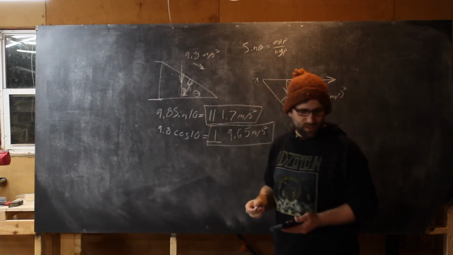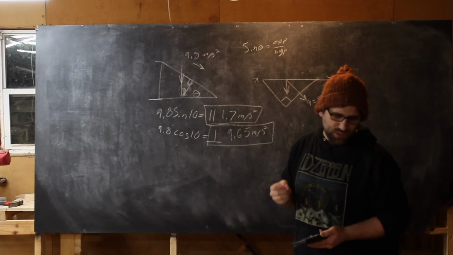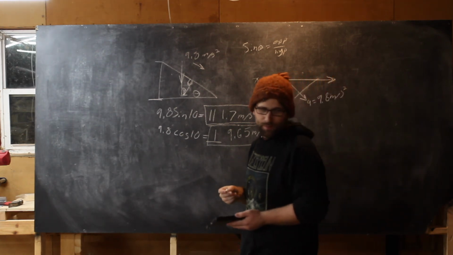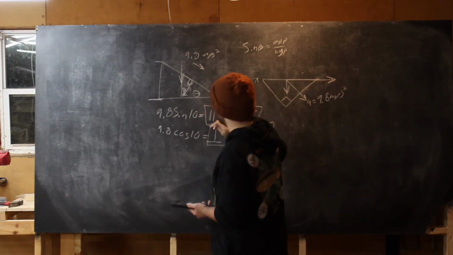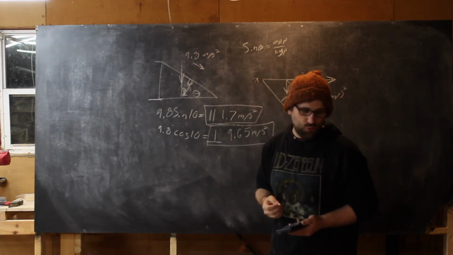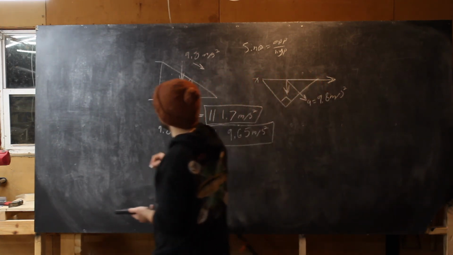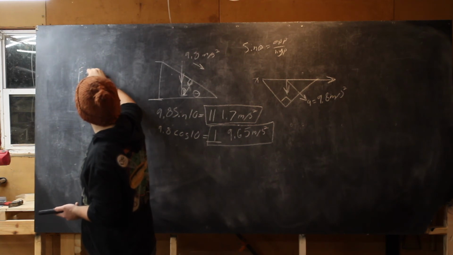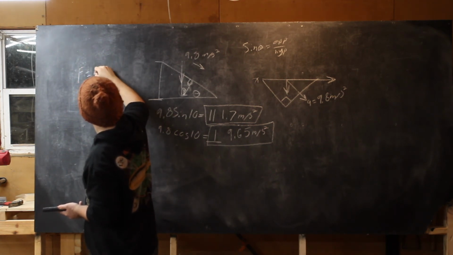And then the last thing we're being asked to find is what is the force acting on the pool ball parallel to the ramp? Well, we've got a mass of 0.02 kilograms. And force is equal to F equals ma.